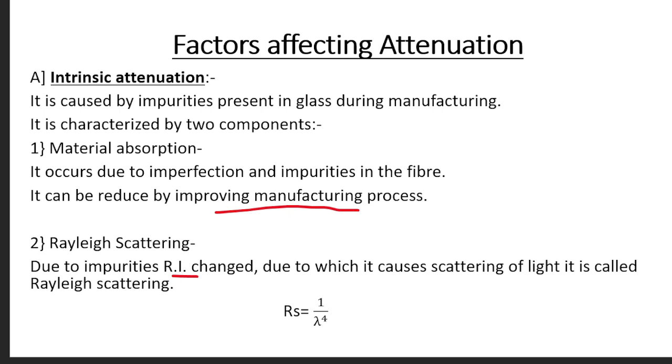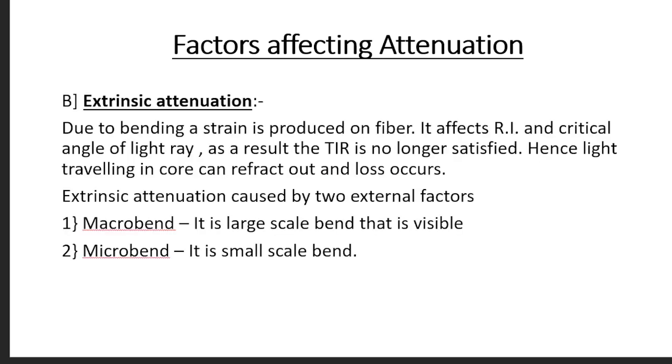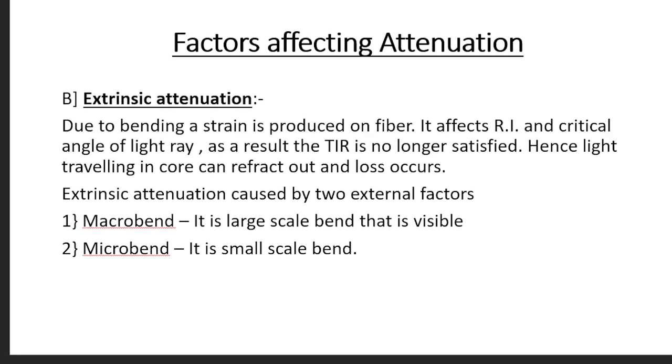The second type is extrinsic attenuation. This type of attenuation is due to external materials or external factors. In extrinsic attenuation, there are some bending processes. Due to this bending, strain is produced on the fiber and it affects the refractive index.